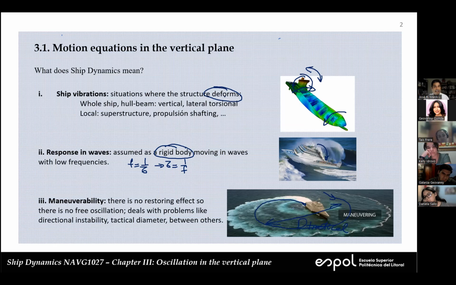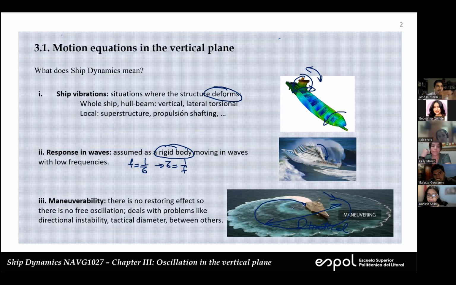and some accidents could happen. Another problem which is very interesting is the direction instability. From time to time, you can hear that you have a ship moving forward and the rudder is at 0 degrees, and suddenly the ship starts changing course.